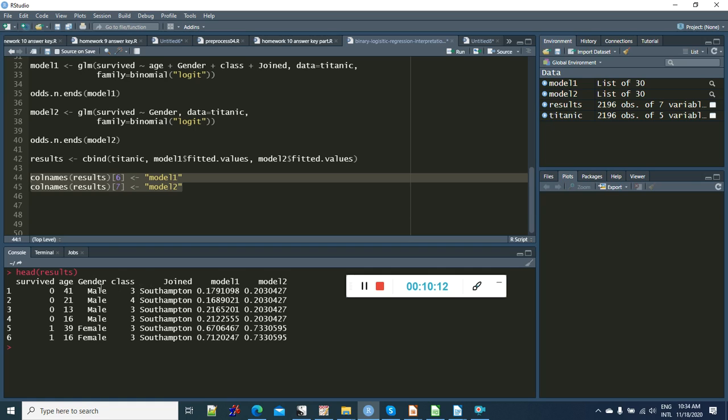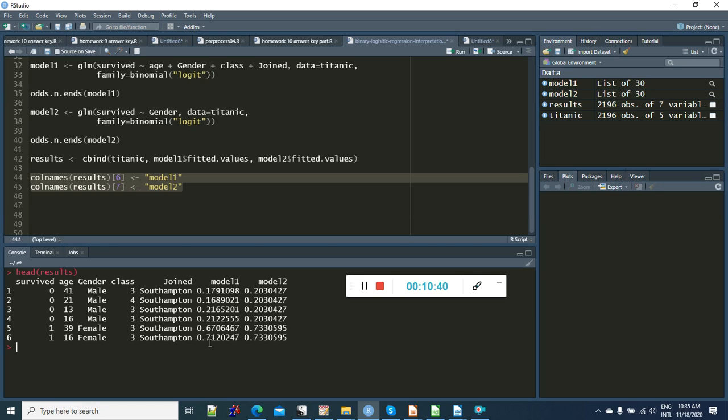But on the screen right now, we don't see any examples of that. All 6 have unique combinations, and we have 6 unique probabilities. Okay, so the first 4, because those probabilities are less than 0.5, they get rounded down to 0. We predict they would not have survived. The next 2, because their probabilities are above 0.5, we round up to 1 and predict that they would have lived.